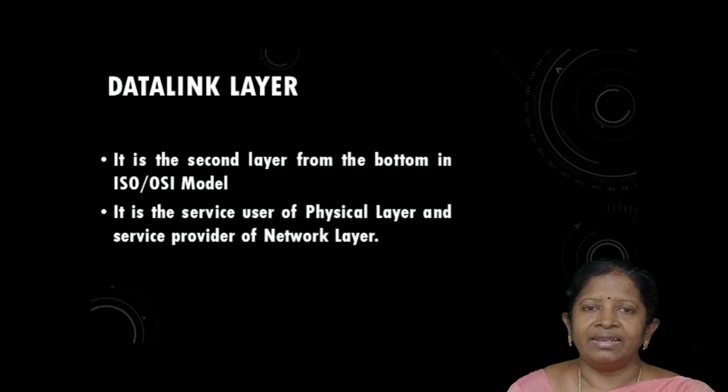The data link layer is the second layer from the bottom of the ISO OSI reference model. It gets service from the physical layer and provides service to the network layer. It gets a set of bits from the physical layer and converts them into a frame.